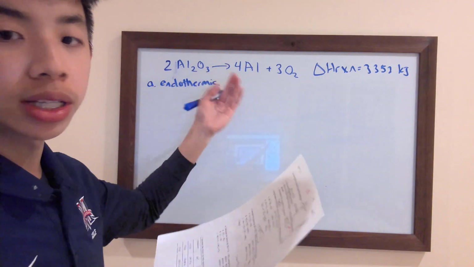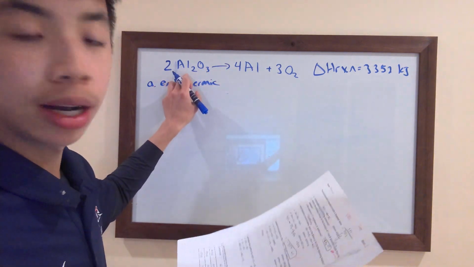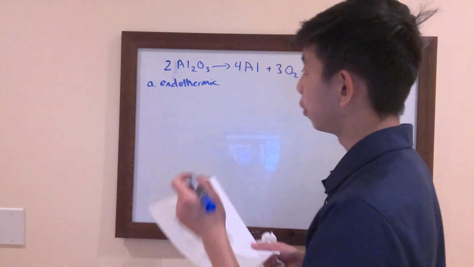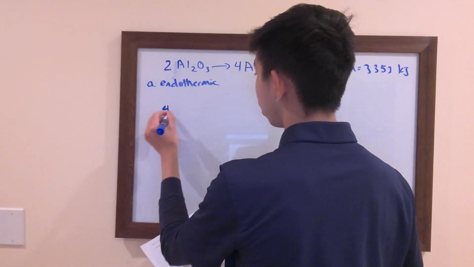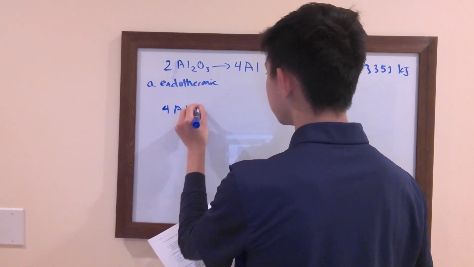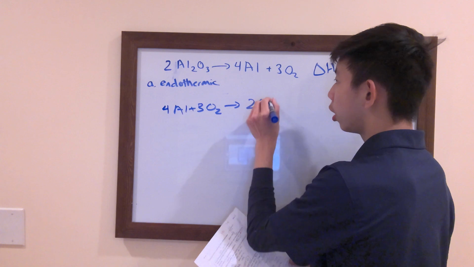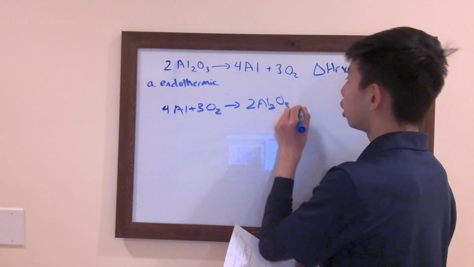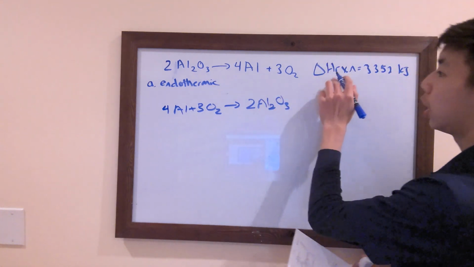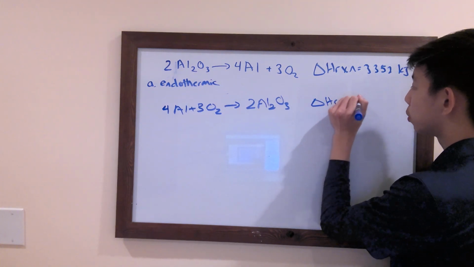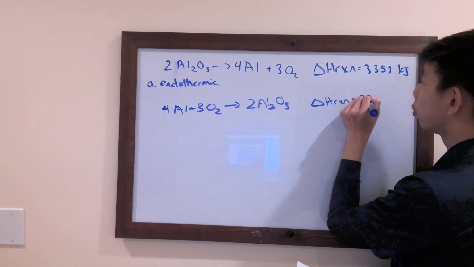So we need to flip this so that aluminum oxide is formed. So this will be 4Al plus 3O2 forming 2Al2O3. And since we flipped it, we changed the sign of the heat of reaction, so this will be negative 3,352.